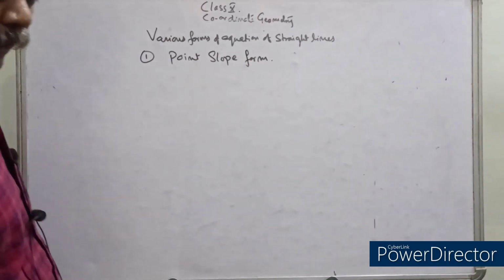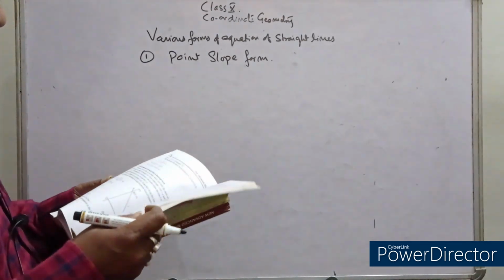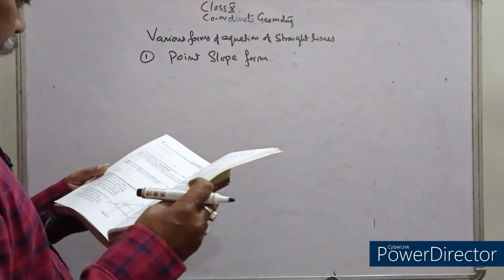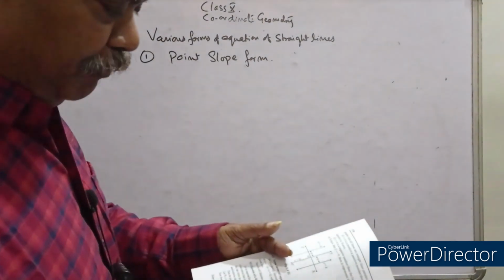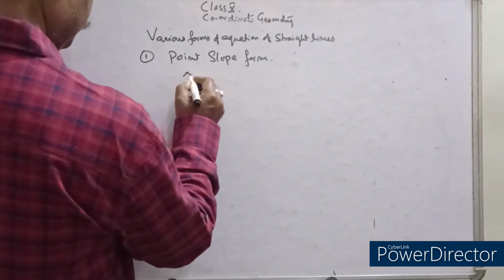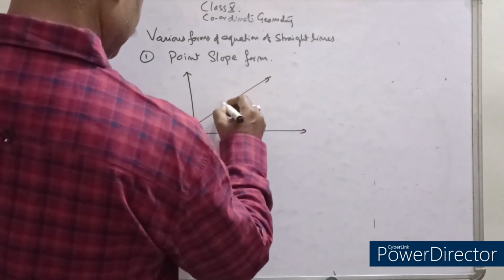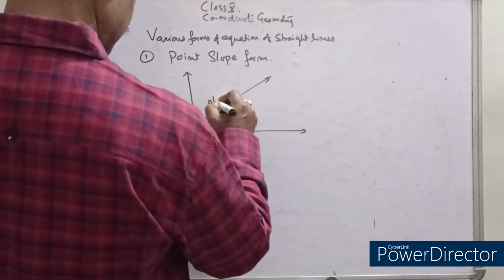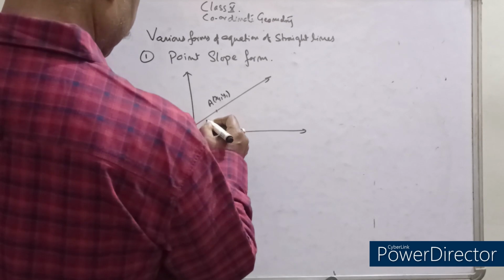As it is given in your textbook, it will be better if I take this as point slope form. That means here this is a line passing through this point, that is A, x1, y1, and the slope of this line is given, that is m.